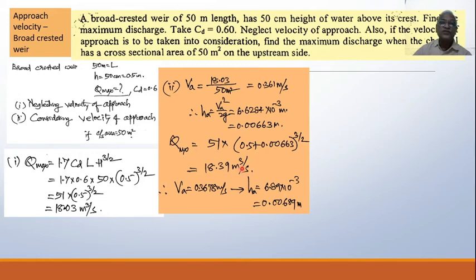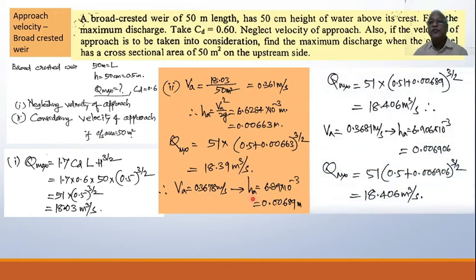Now again, with this discharge, if you calculate velocity, velocity head, and then if you go further, Q revised is equal to 18.406. Earlier first calculation 18.03, revised 18.39, from here it is 18.406. I think it's fine, but still I have gone ahead with this velocity of approach, head due to velocity of approach, the revised value of Q, it comes exactly the same thing.